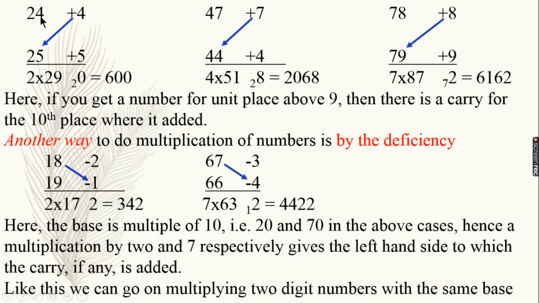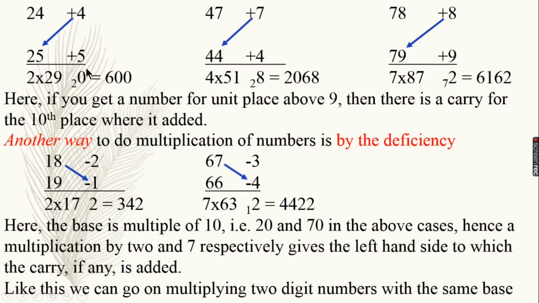Say for example, if we were to multiply 24 with 25, we have 4 plus from here and 5 plus from here. So 5 into 4 is 20. You have a carry of 2. Because the base is 20, we have to multiply 29 with 20.